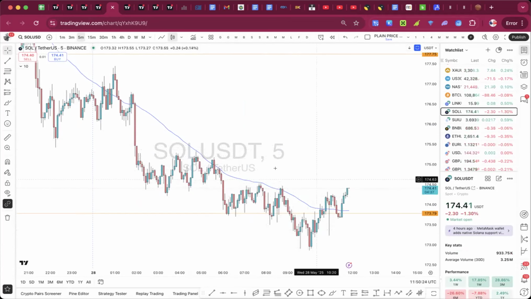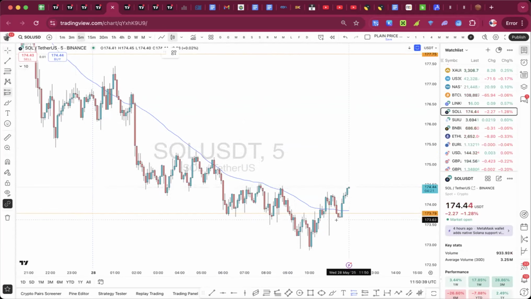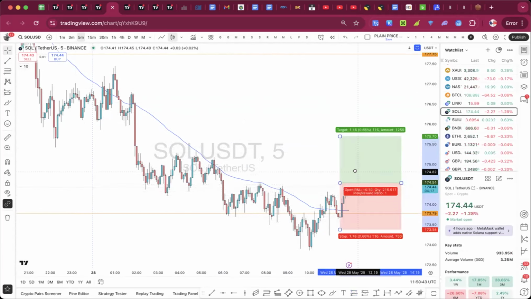Ordinarily, if I do my analysis using my support and resistance strategy, I mark all the necessary points, but I'm not going to waste too much time showing you this. Perhaps I'm targeting to trade Solana from here. That would have been better for me, but we have to move on.